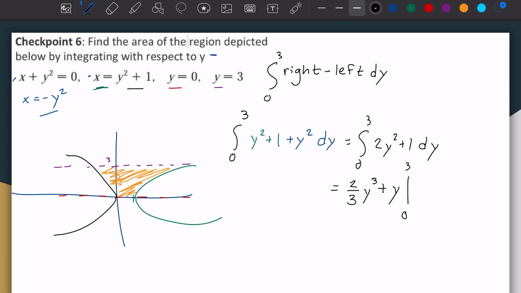It's quite simple. Actually, you don't even need the calculator. So 2/3 times 3 cubed plus 3. Let's go ahead and double check. It's going to be a nice number of 21.